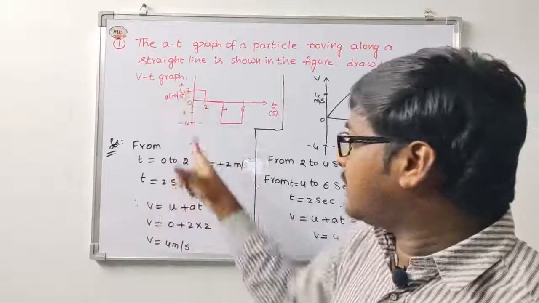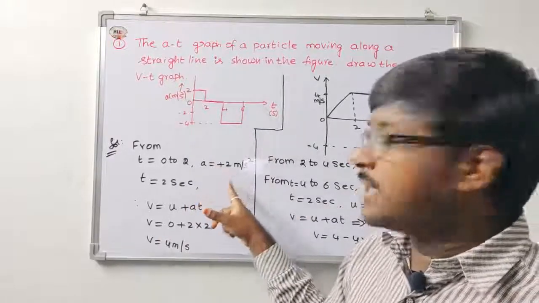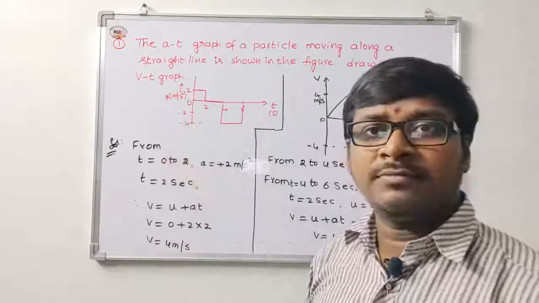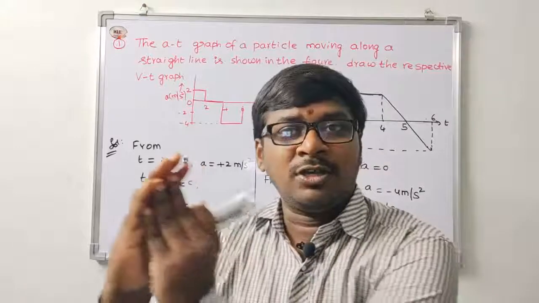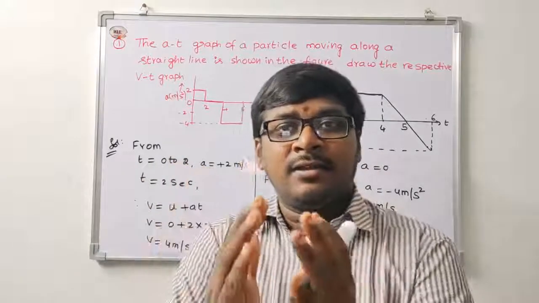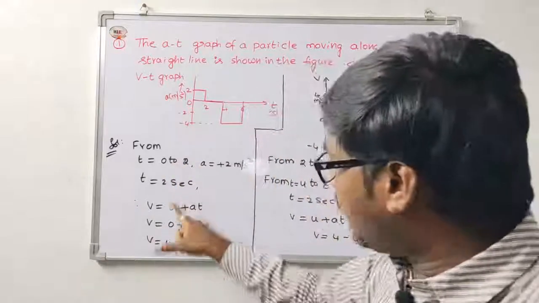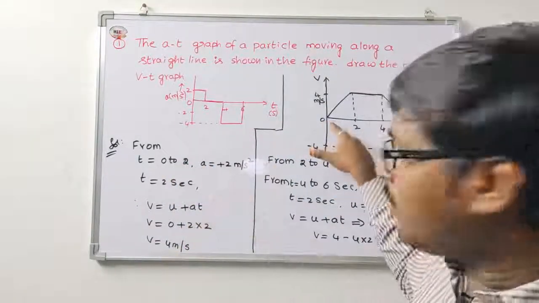Then acceleration a is, in the upward direction, plus 2 meter per second square. Before coming to motion, the body is at rest at t equal to 0, then the particle velocity is 0. So v is equal to 0 plus 2 into 2, that is 4. It is passing through the origin, students.